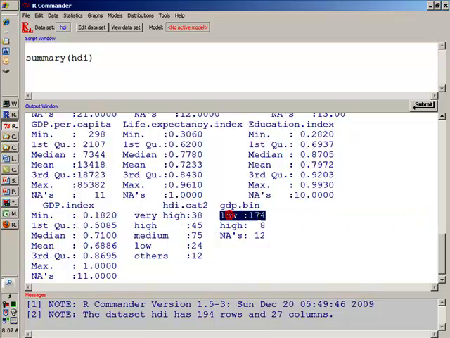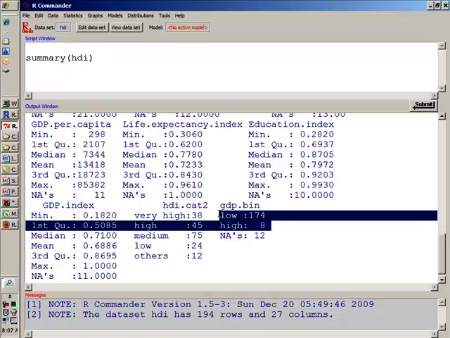So it recorded 174 countries. We coded it arbitrarily, but it suggests that 174 countries were coded as low income and high income countries were only 8. But this is an arbitrary categorization that we did just to illustrate that if a variable is categorical, the summary statistics that we compute are frequency counts rather than mean, mode, or median.